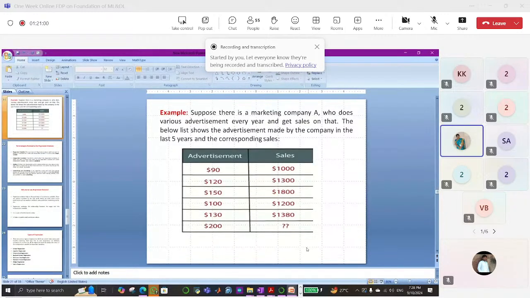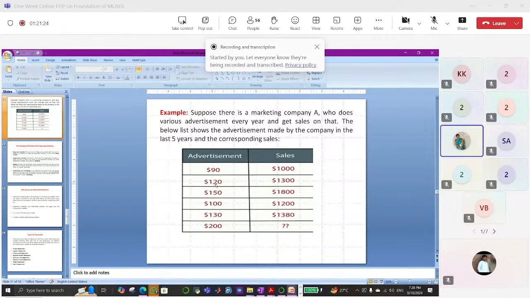So this is the example. See this one. There is a marketing company A which does various advertisements every year and gets sales from that. The company spends $90 on advertisement, so that they can get sales. How many sales do they get? $1,000.